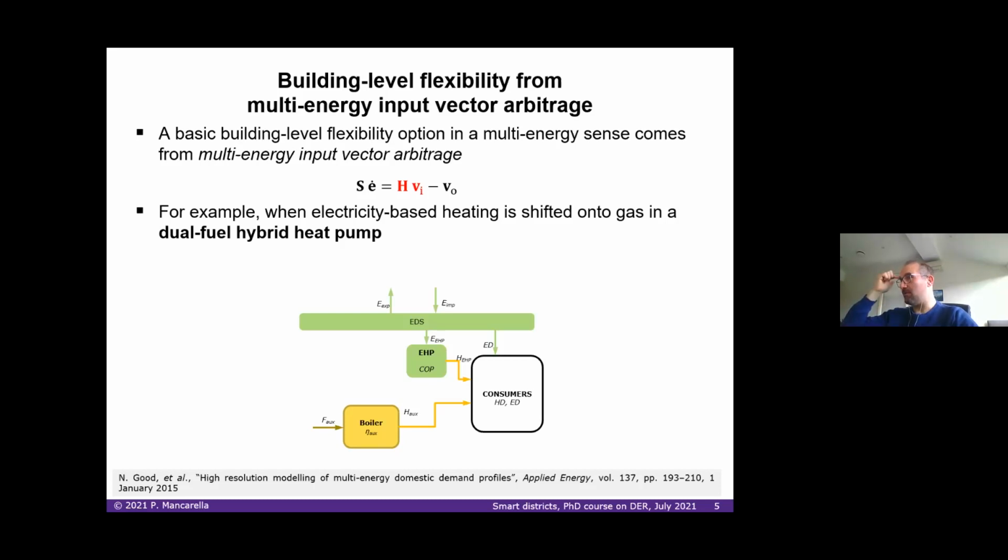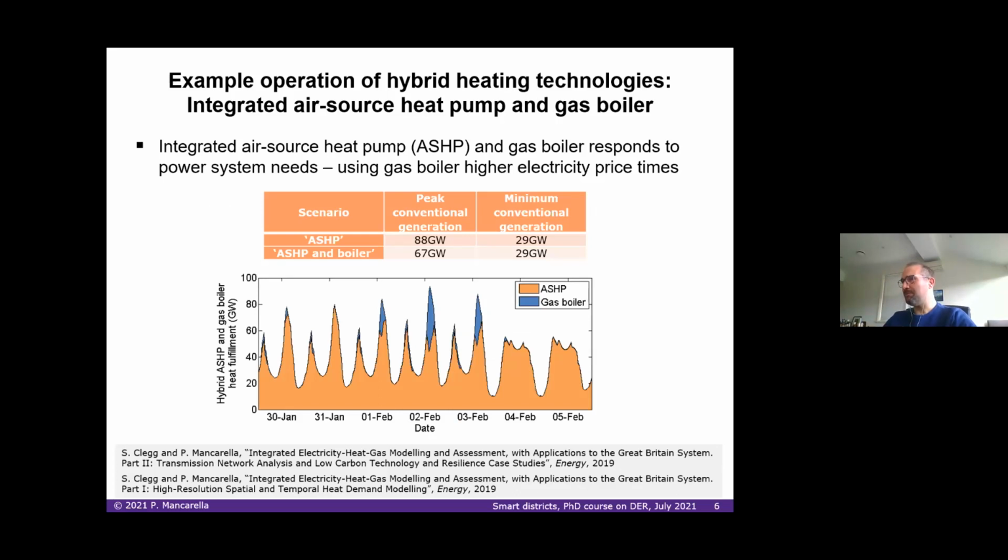It's a kind of dual fuel hybrid heat pump. And when you look at, for example, some studies we did some time ago, you clearly see that having the gas boiler as a top up in this hybrid system can save very substantial peaking requirements on the electricity system.